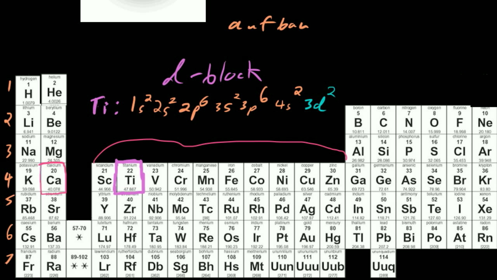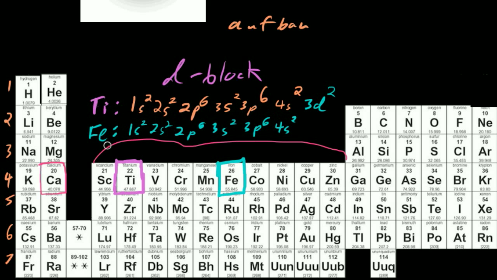Let's do another one of these. How about iron? Iron's atomic number is 26. It's going to have the exact same electron configuration as calcium up to that point: 1s2, 2s2, 2p6, 3s2, 3p6, and then 4s2.